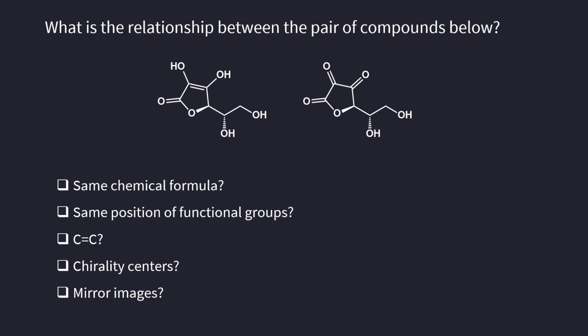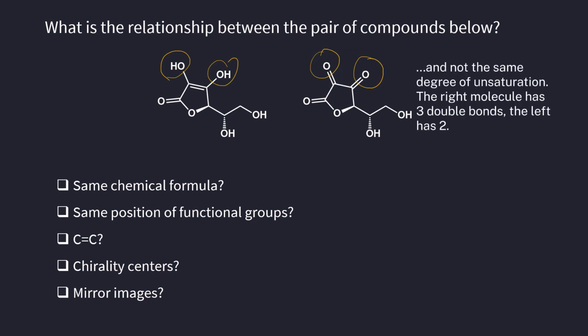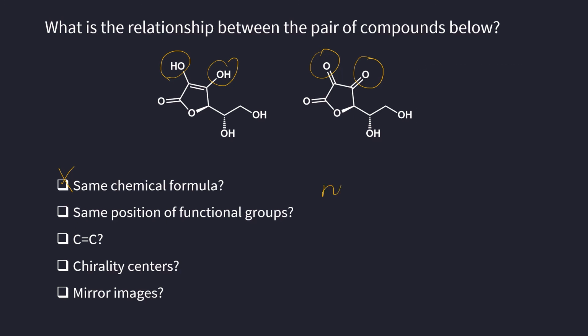But if you focus your attention on the hydroxyl groups here, the second molecule has the hydroxyl groups transformed into carbonyl groups. So in fact, these are not the same molecule. They do not have the same chemical formulas because they do not have the same functional groups. So they do not have the same chemical formula, and therefore they are not isomers. They are different compounds.